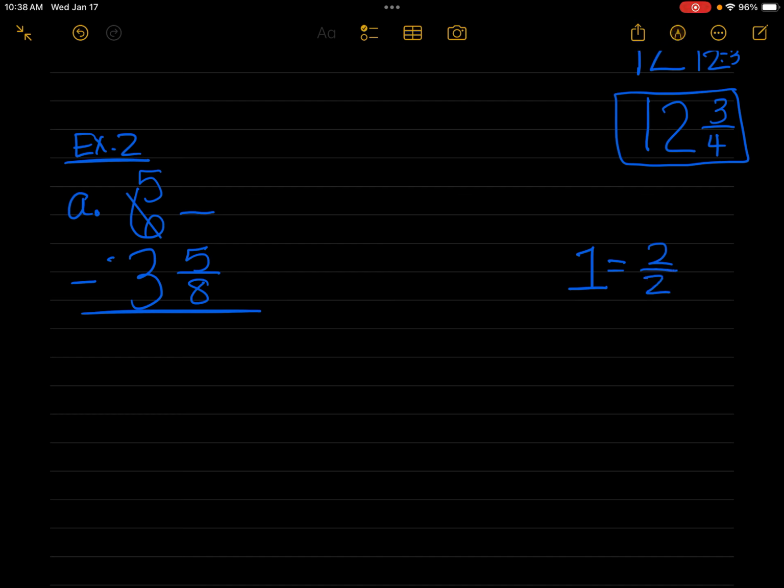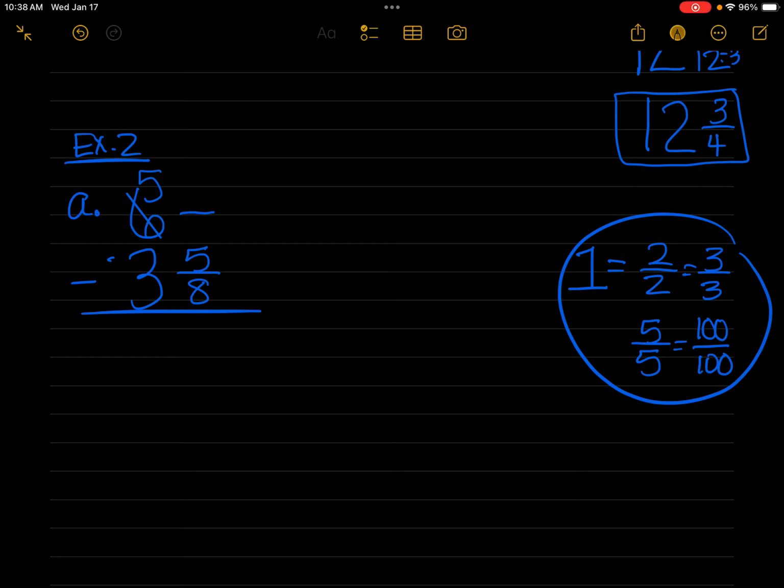That equals 1. What about 3 over 3? Yep, and 5 over 5. All of these fractions equal 1. What about 100 over 100? Yes, all these fractions equal 1. So all these fractions are the same number. They're all 1. So I can make this fraction whatever I want as long as it equals 1.